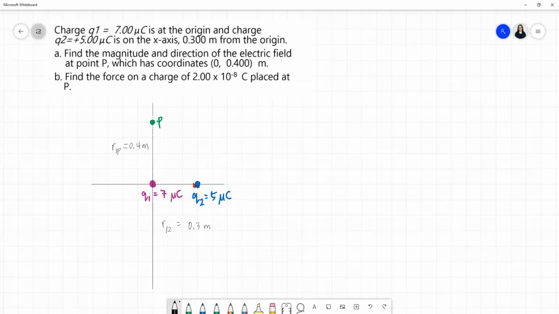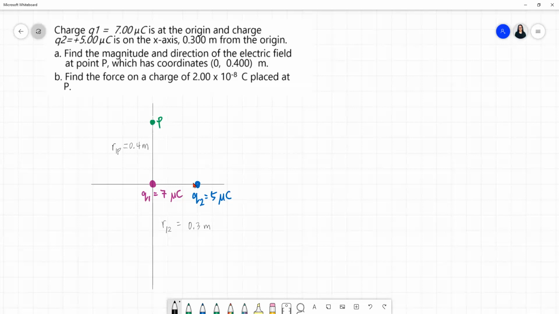So after finding the magnitude and direction of the electric field at point P, we have to find the force on the charge 2 times 10 raised to the power of -8 coulombs placed at point P. So we're going to replace point P with a charge. So what force must that charge experience?